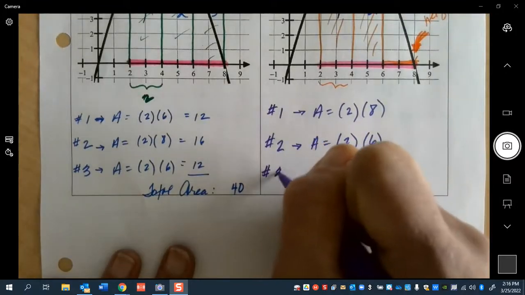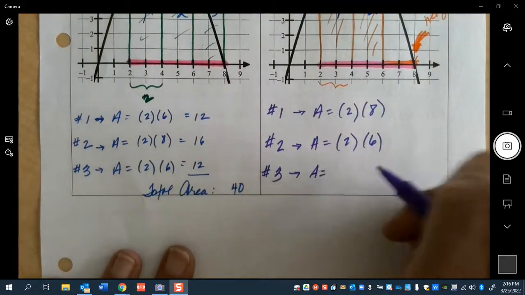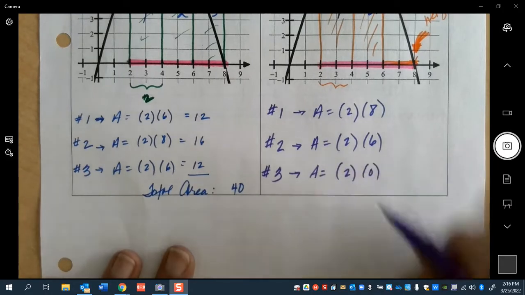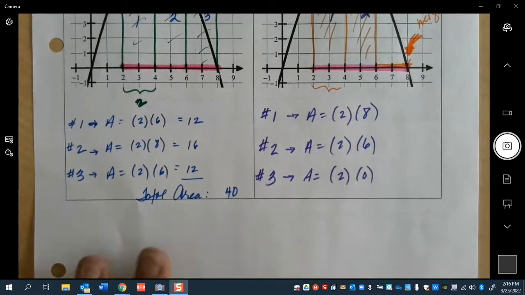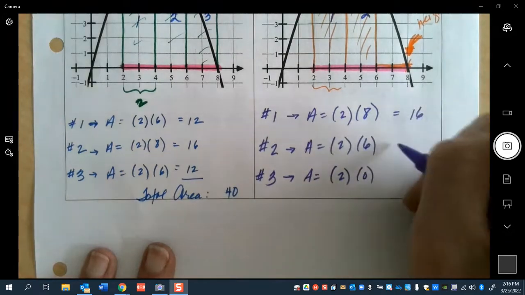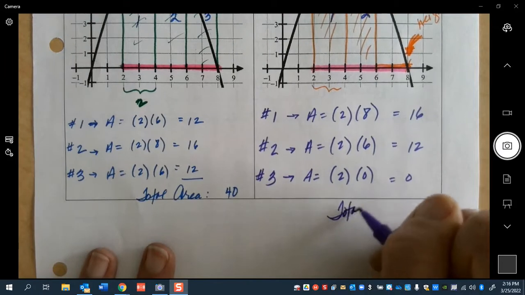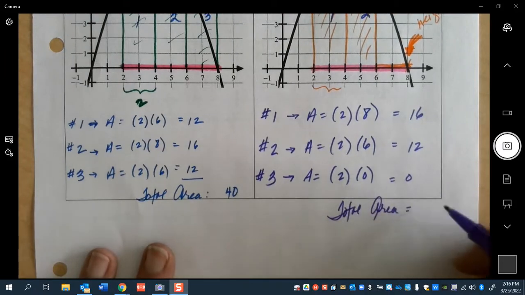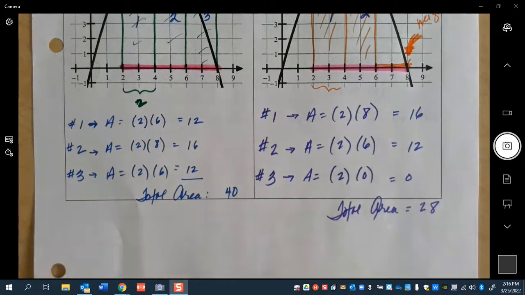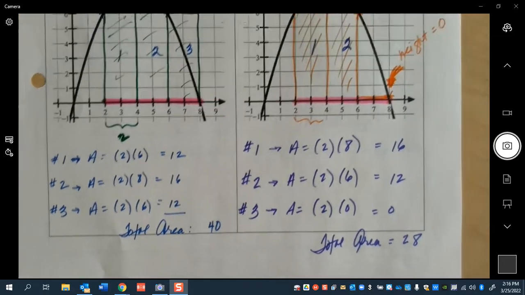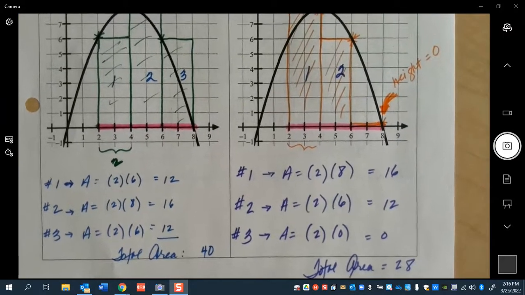For my third interval, my width is 2, but my height is 0. Notice we have a significant discrepancy in our values.